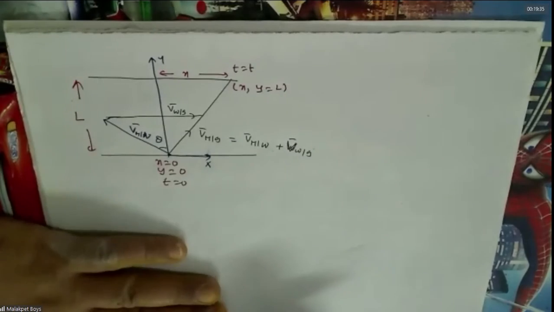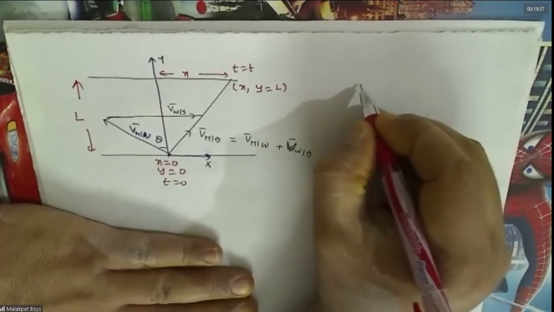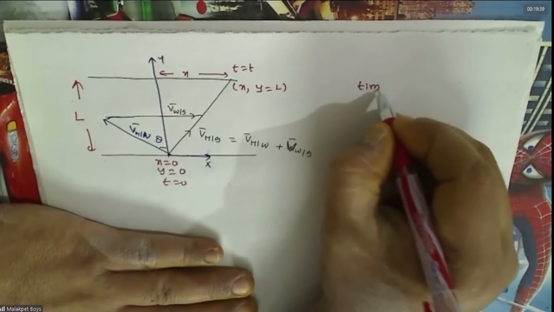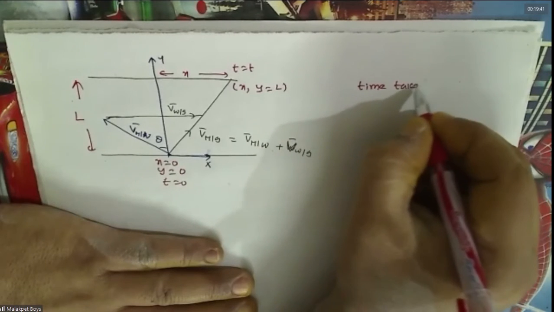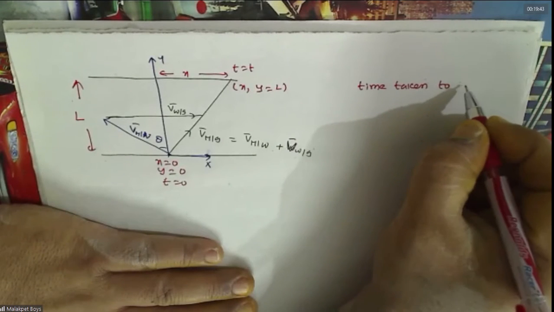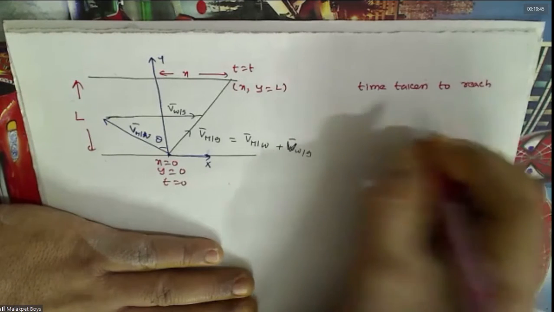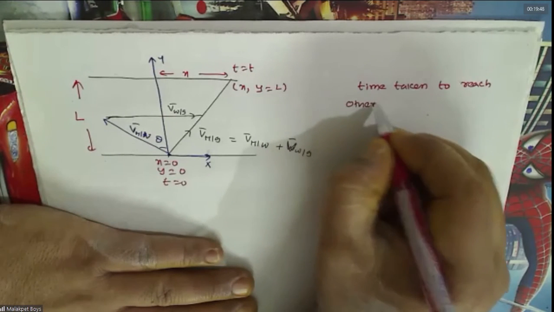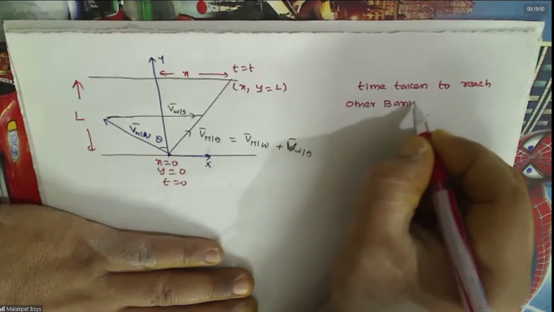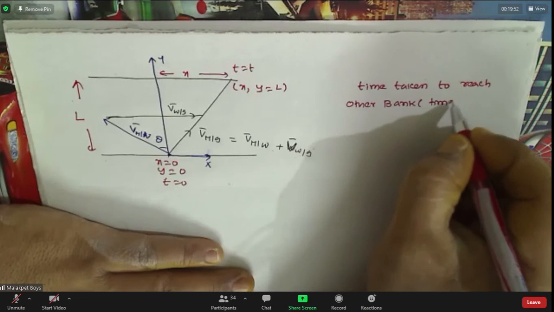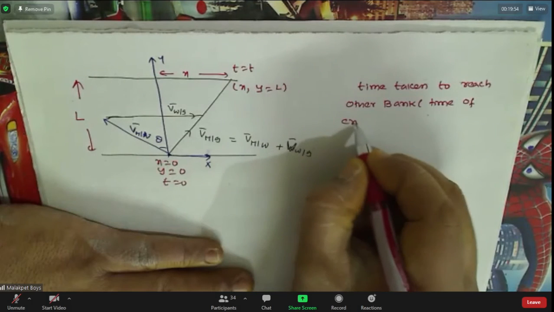Okay. Then we have seen that time of crossing the river, time taken to reach the other bank. That is what we call the time of crossing the river.